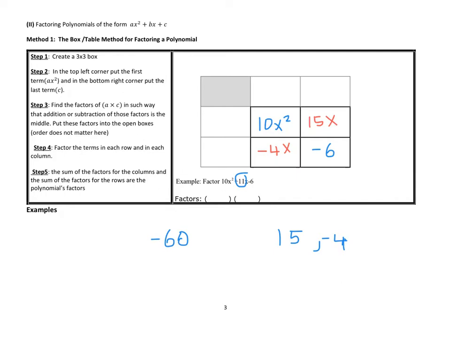And now the next thing to do is to just factor out using these empty boxes. So what's common here? X is common. What else is common? 4 is not common, but 2 is common. So 2 is common. And over here you have 5x, which is common.